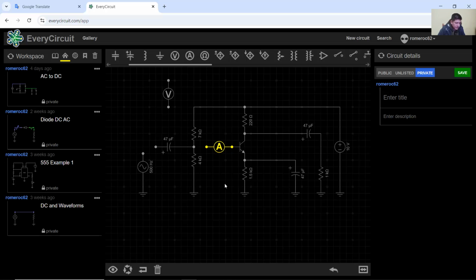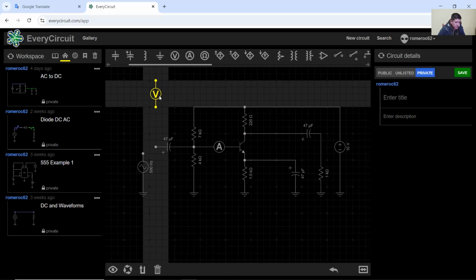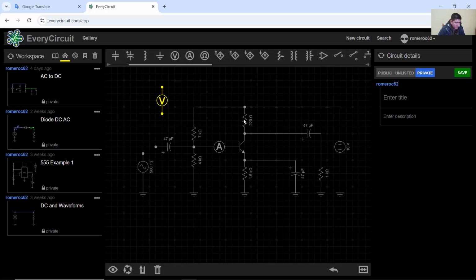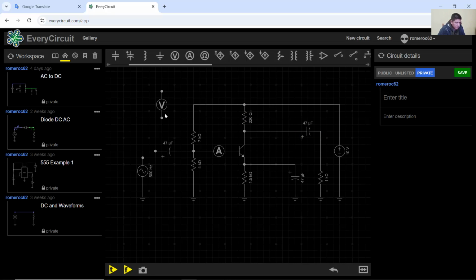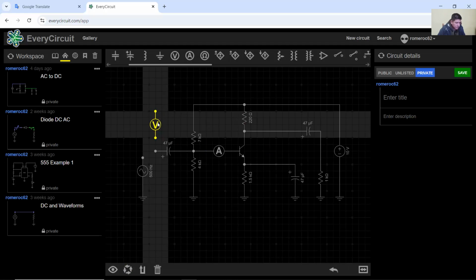Okay, add the ampere meter and voltmeter. Okay, more space for voltmeter. Okay, add the voltmeter.